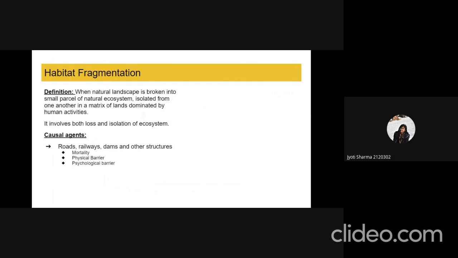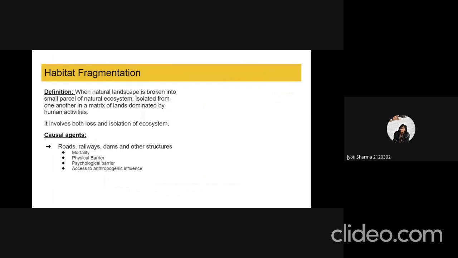Then we have the psychological barrier. Some species know that if they cross the road they may die, so it is in their mind that they don't need to cross that road, the railway, or the dam. Because of that, they will use only a small area, which may not be sufficient for their survival, and then we may lose this species.